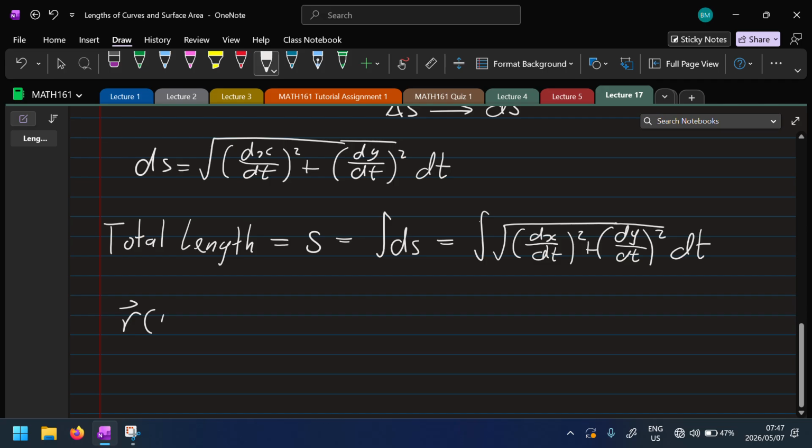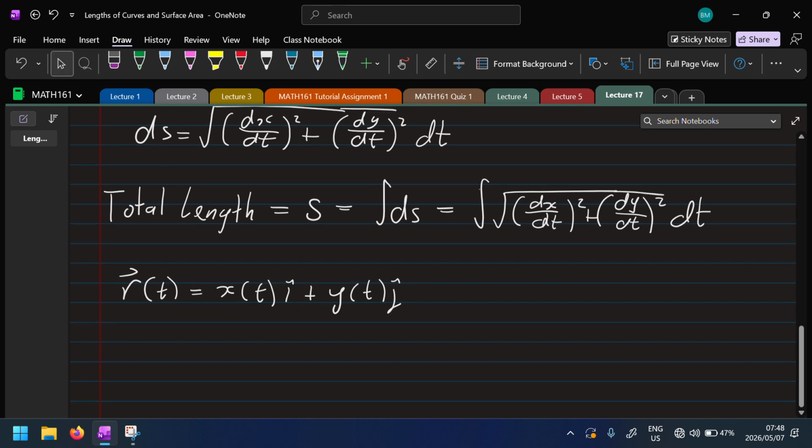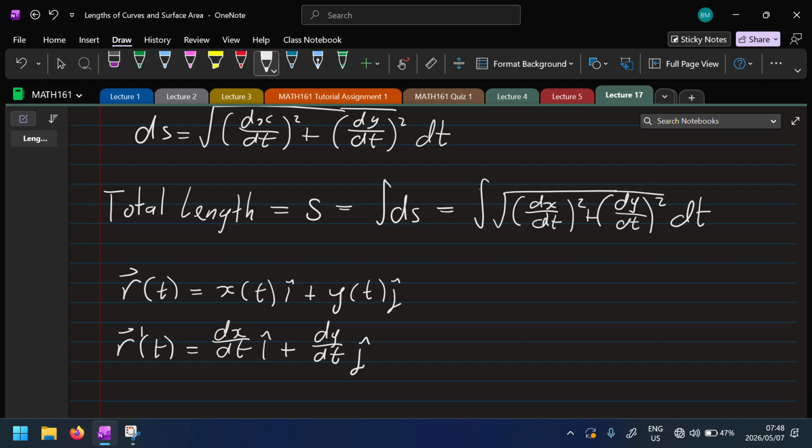And then we can rewrite this slightly to what we've seen before. So if we have r of t is given by x of t i hat plus y of t j hat, like we had yesterday, the velocity vector is just the derivative of that. Okay.